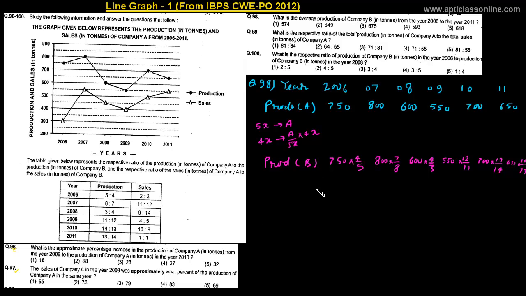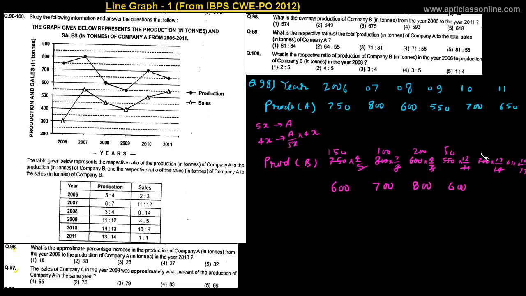So we can calculate that. 750 divided by 5 is 150, into 4, that is 600. Again here you will get 100 into 7, that is 700. Here we will get 200 into 4, that is 800. Here we will get 50 into 12, again 600.